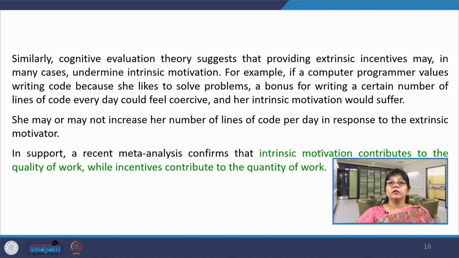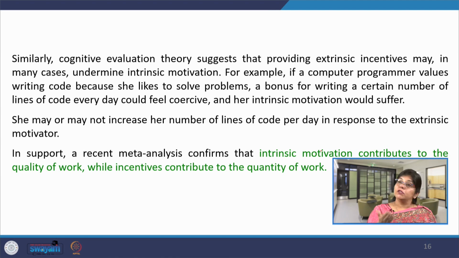She may or may not increase her number of lines of code per day in response to the intrinsic motivators. So, here the programmer has evaluated his task based on the extrinsic rewards, which tend to reduce his intrinsic motivation. So, we can say that intrinsic motivation contributes to the quality of work, while incentives contribute to the quantity of work.